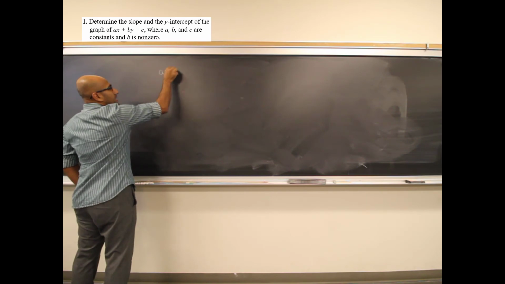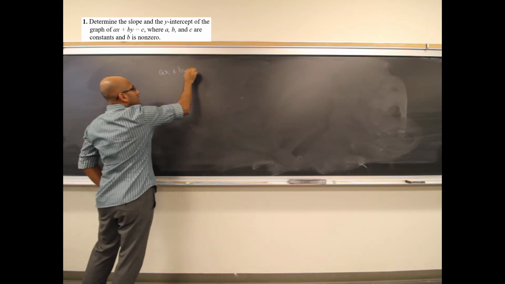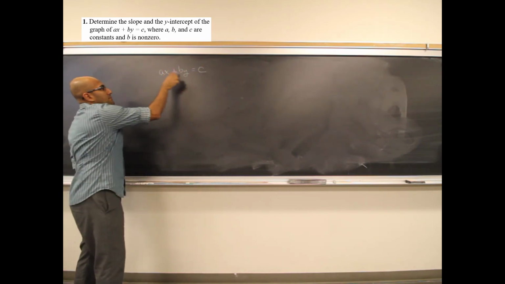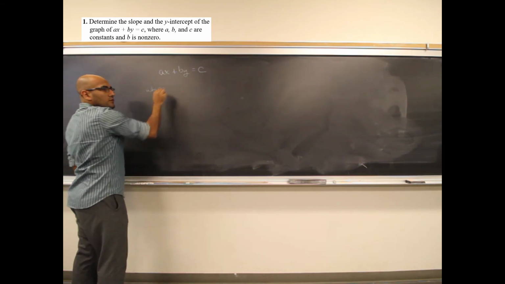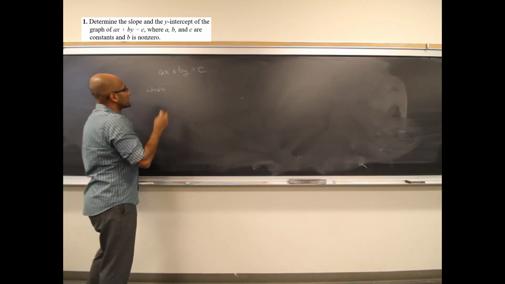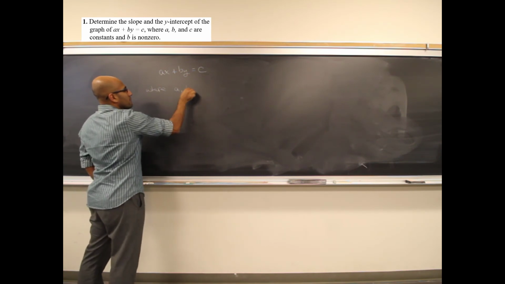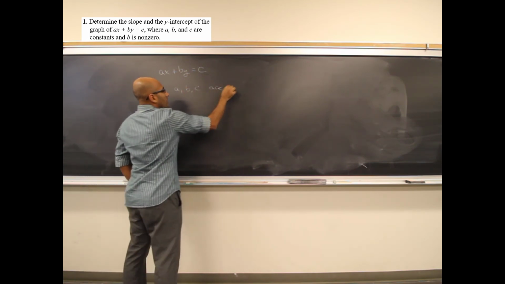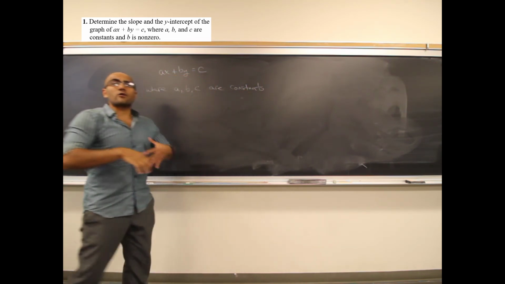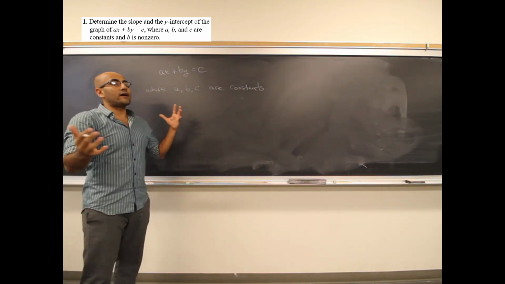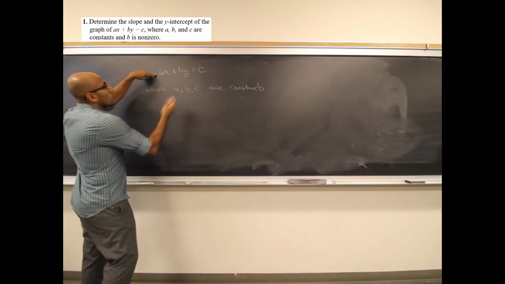We have ax plus by equals c, where a, b, and c are real numbers, or constants. Right? So this is just a generalization of a whole family of potential questions that could look like this.